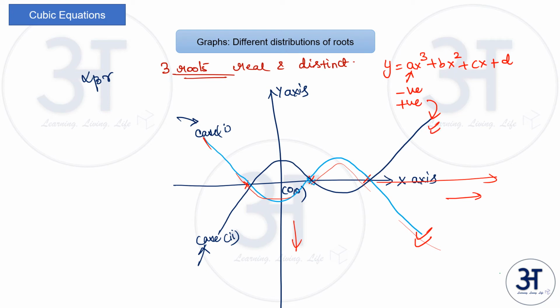You have to be very clear on this: it is the sign of a that decides whether the graph is going this way or this way. If the sign of a is negative, the graph is going downwards. If the sign of a is positive, it is going upwards, irrespective of the signs of b, c and d.